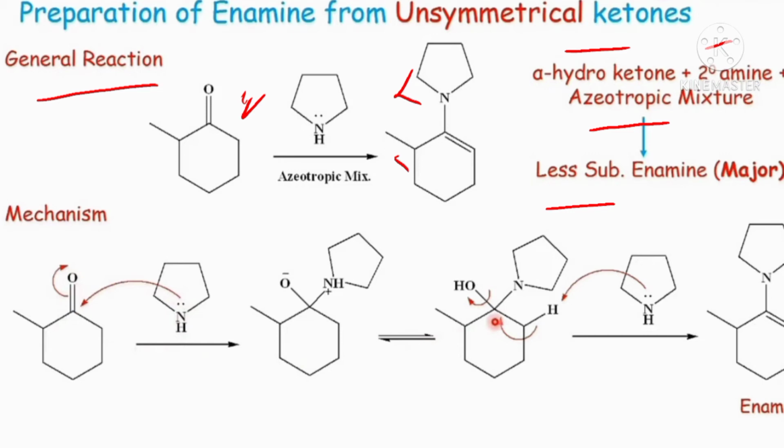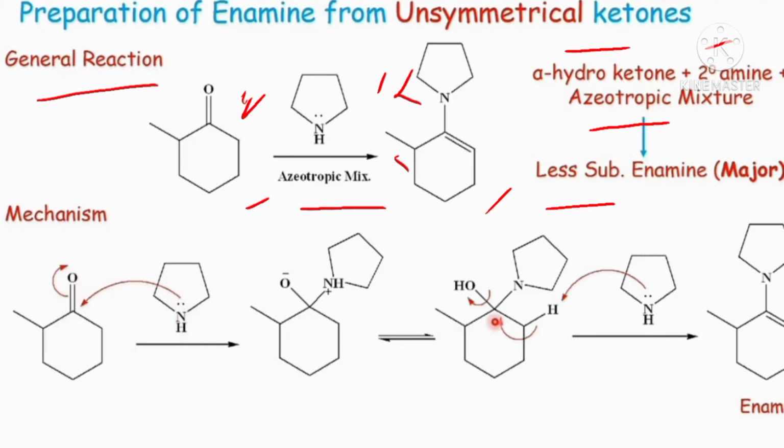Therefore, the less substituted enamine acts as the major product, and the more substituted enamine acts as the minor product. Here the unsymmetrical ketone reacts with pyrrolidine in the presence of an azeotropic mixture and here formation of the less substituted enamine.